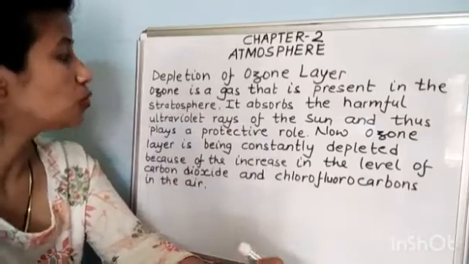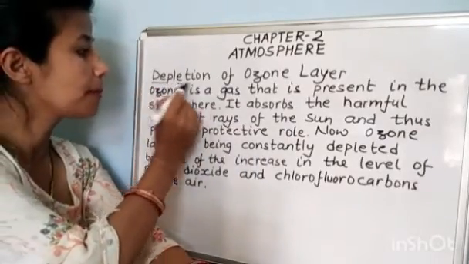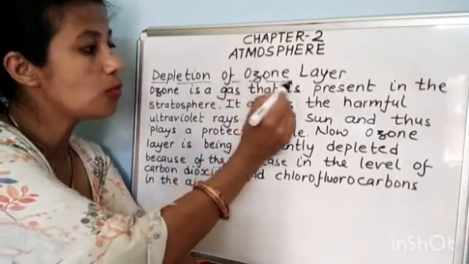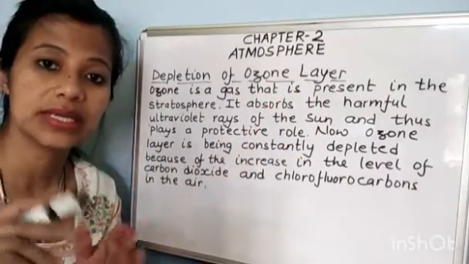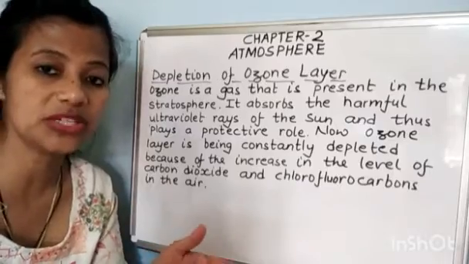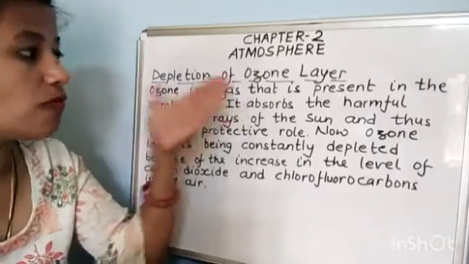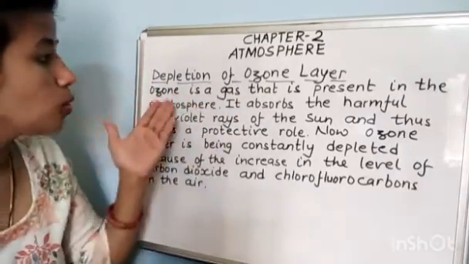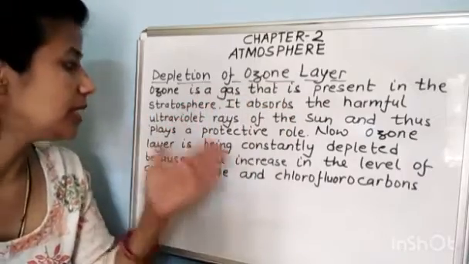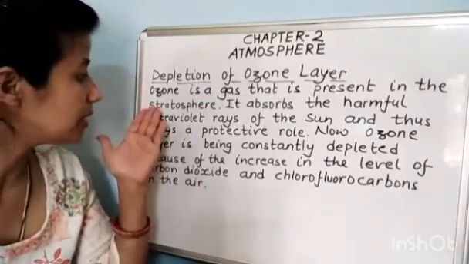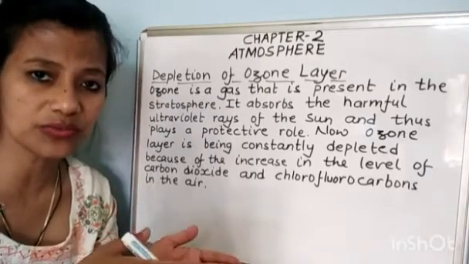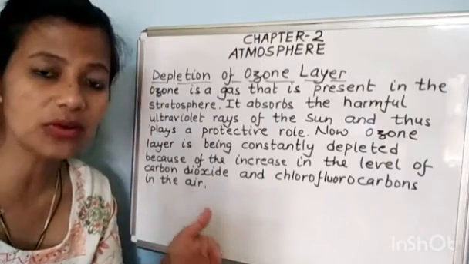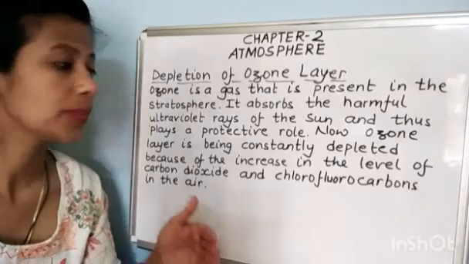Depletion of the ozone layer. Depletion means reduction. Ozone is a gas present in the stratosphere, the second layer of the atmosphere.